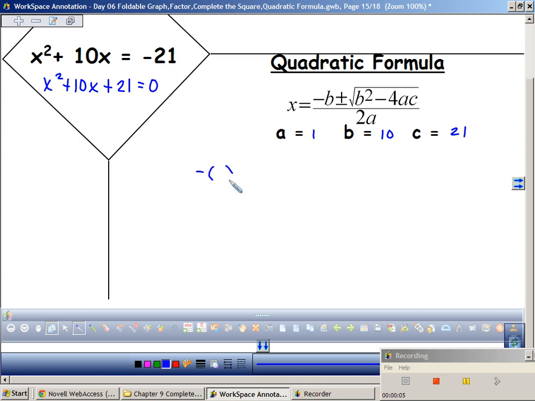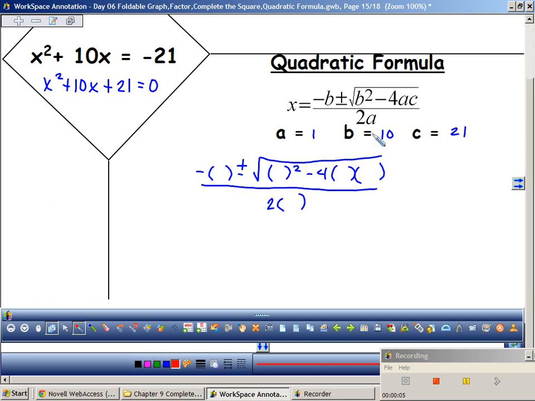So, negative b plus or minus radical b squared minus 4ac all over 2a. Plug these in. B is 10, so 10 goes here and here. A goes here and here, and C goes here.